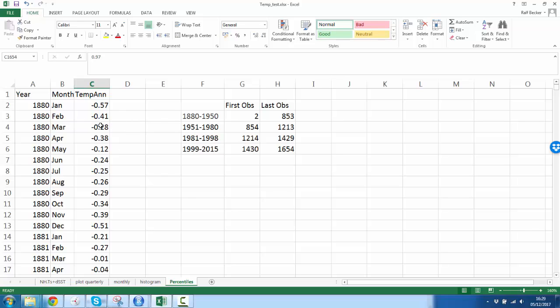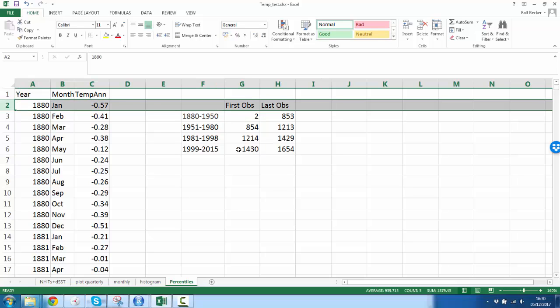This sort of information is good to make our life easier. In fact, I've divided this time period into 4 periods: 1880 to 1950, 51 to 80, 81 to 98, and 99 to 2017.